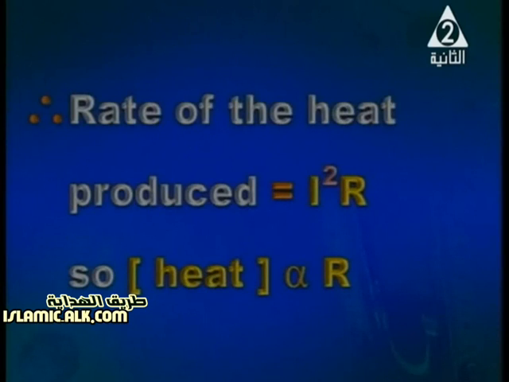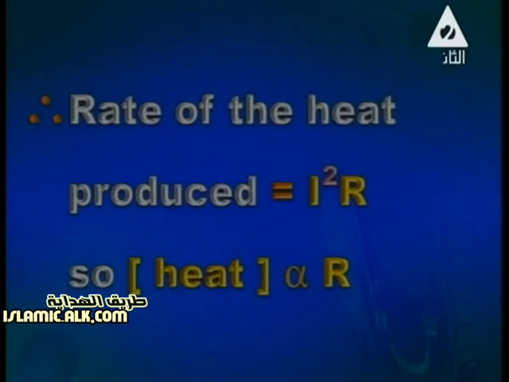When they are connected in series, which wire would give the greatest amount of heat? This is very important. It asks about the power. Rate of the heat produced is given by the expression I squared R. And when we are connecting the resistors in series, the current intensity is the same.